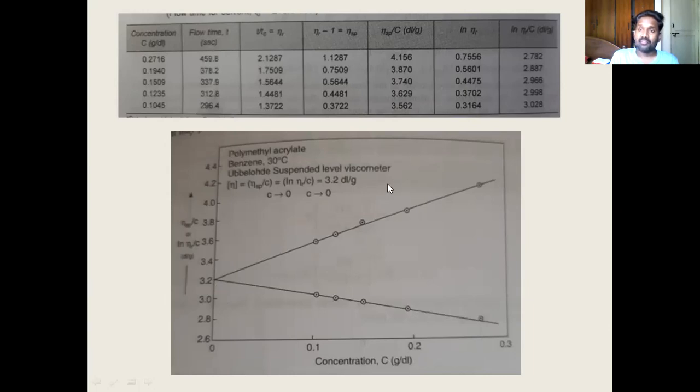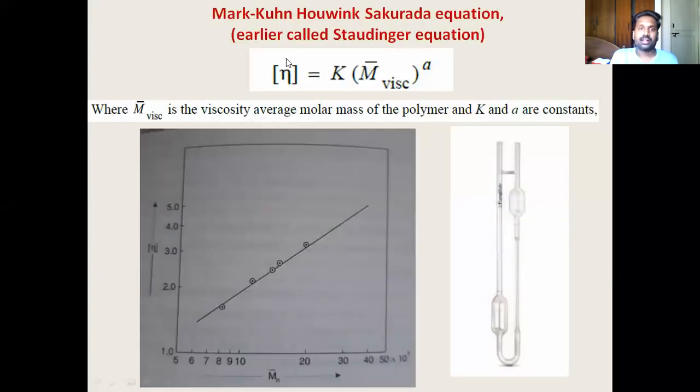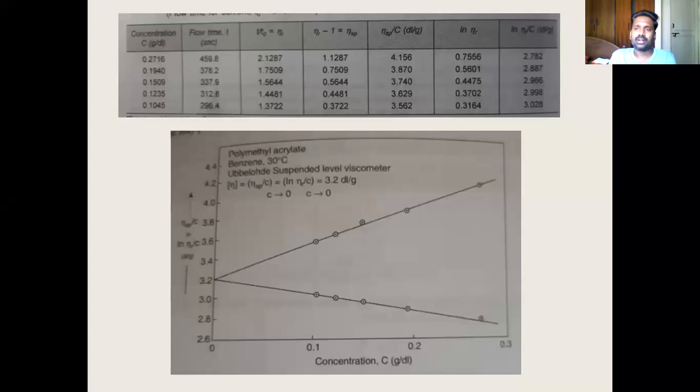Now, after making a table of intrinsic viscosity, you have to take the intrinsic viscosity and plot it in this principal equation and find out the molecular weight of the sample. So in this way, you can calculate experimentally the average molecular weight of the polymer sample.